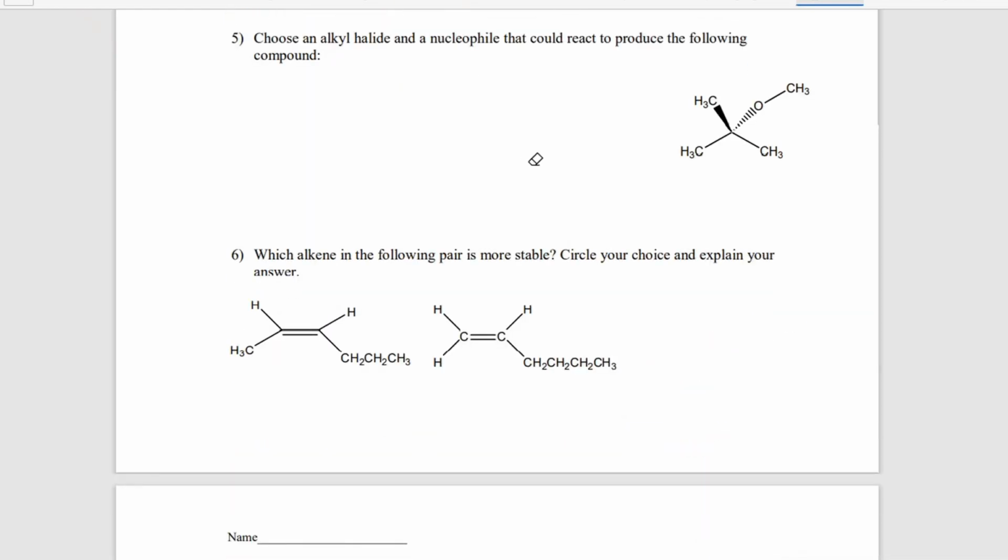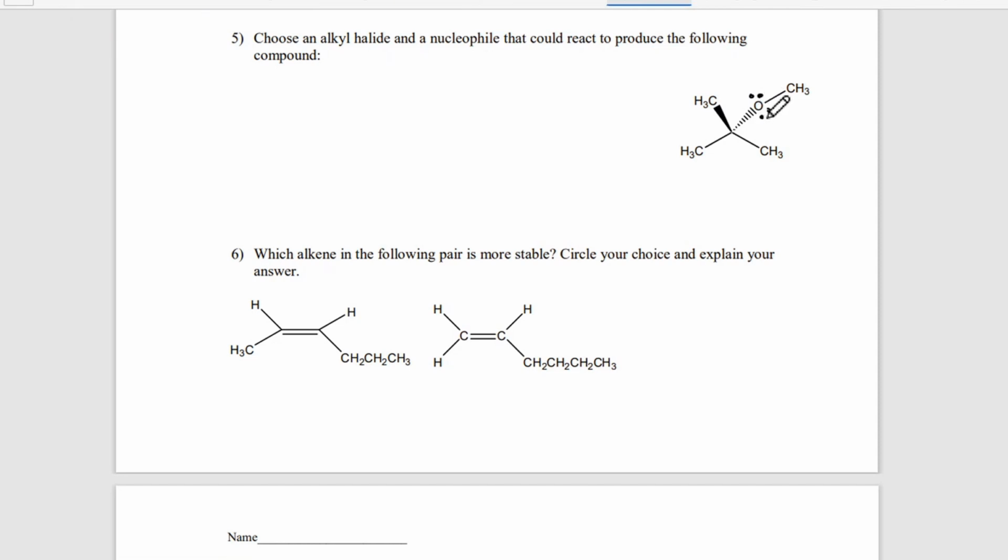Let's choose an alkyl halide and a nucleophile that could react to produce the following compound. So this is a really interesting problem because theoretically you really could get more than one answer here. Now, chances are if you're going to put this together, the only atom here that could have been nucleophilic is likely this oxygen.